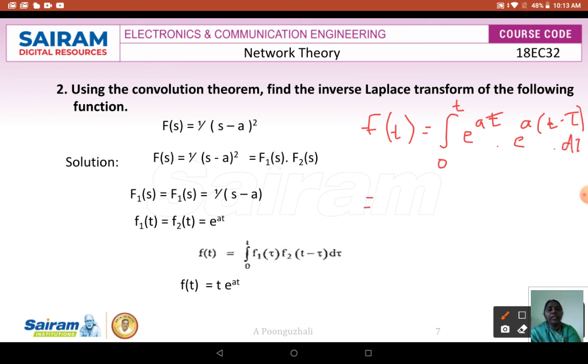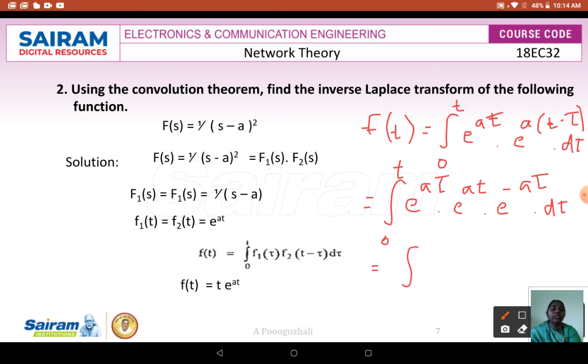So if I simplify it, it is going to be integral 0 to t e power a tau, and we are integrating with respect to tau there, into e power a t into e power minus a tau d tau. So we know that e power a tau into e power minus a tau is going to be 1. So I can integrate it.